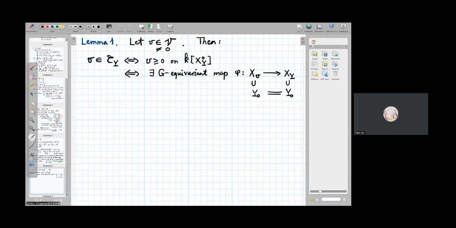let me add something here, since this makes confusion. So let V be a vector in the valuation cone and X be a simple spherical variety. Okay. So given these two objects, the following conditions are equivalent.